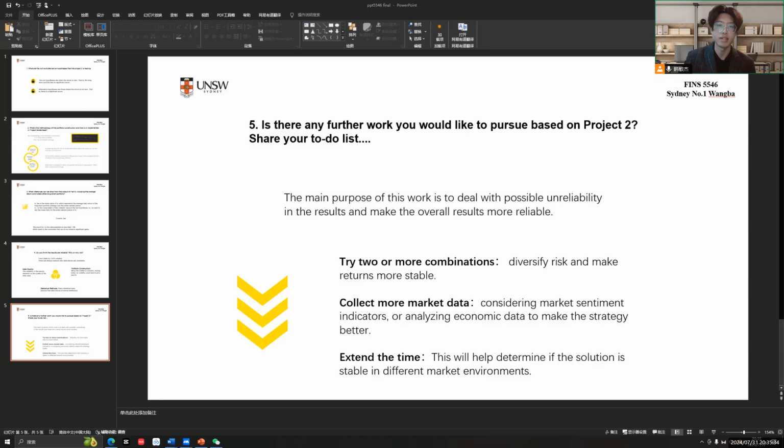And the last is that we want to collect more market data. Depending on the solution, future research could include some more market structure, consider the market, and analyze some economic data.